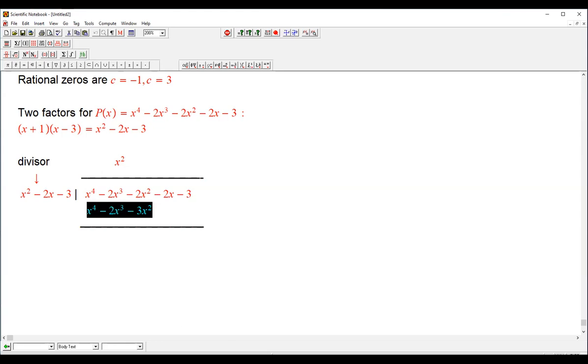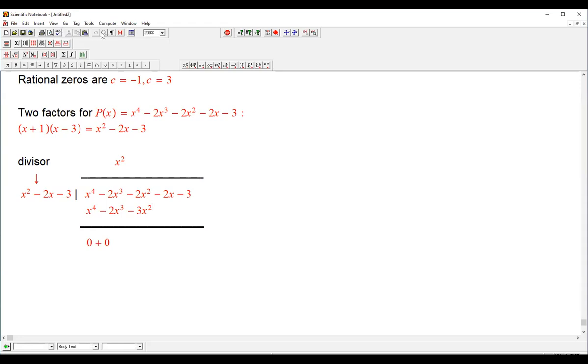That subtraction sign is invisible, but it's in your mind. So x to the power 4 minus x to the power 4 is 0. Negative 2x to the power 3 minus negative 2x to the power 3 is another 0.